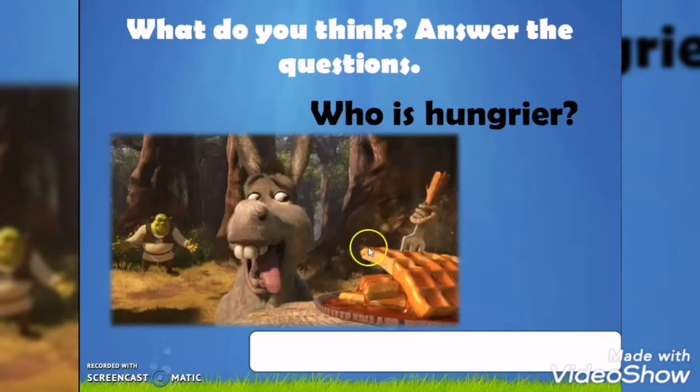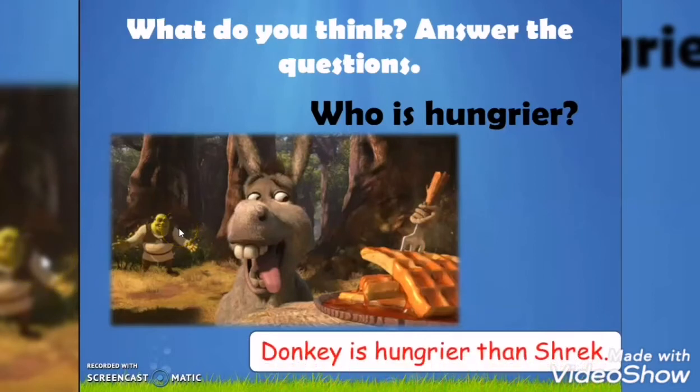Now, who is hungrier, Shrek or the donkey? Who is hungrier? So the adjective word is hungrier. Let's write the sentence. I say the donkey, for example, the donkey is hungrier, or I can say more hungry than Shrek.